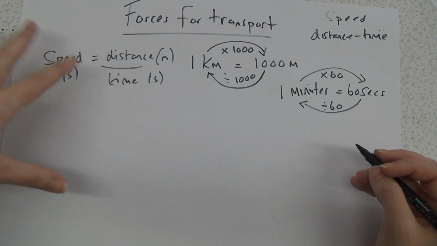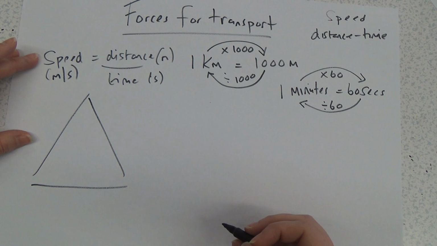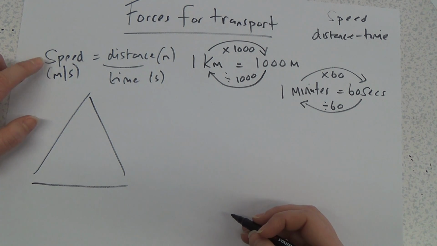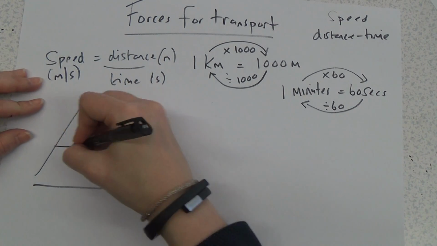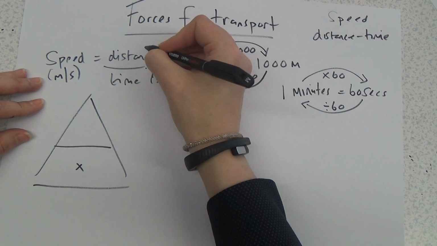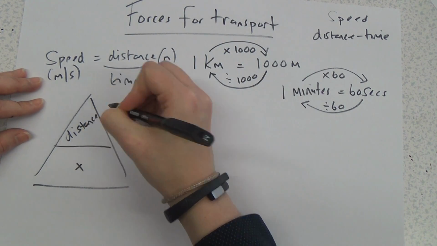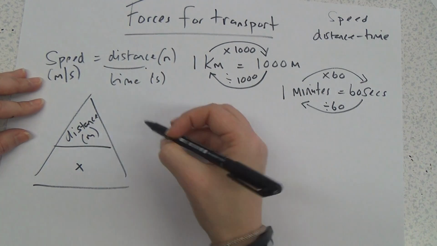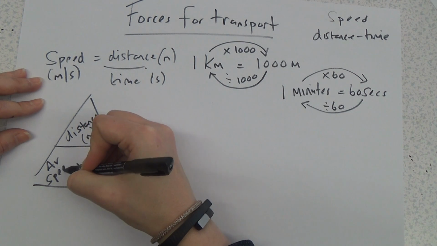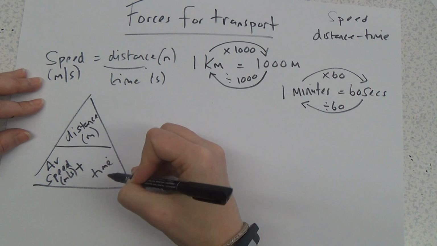If we rearrange this using our triangles, what we can say is that the average speed is equal to distance over time, there's our division line here. Whatever's above the division line has to go at the top. So our distance will go at the top in meters, which leaves our average speed and our time taken at the bottom.